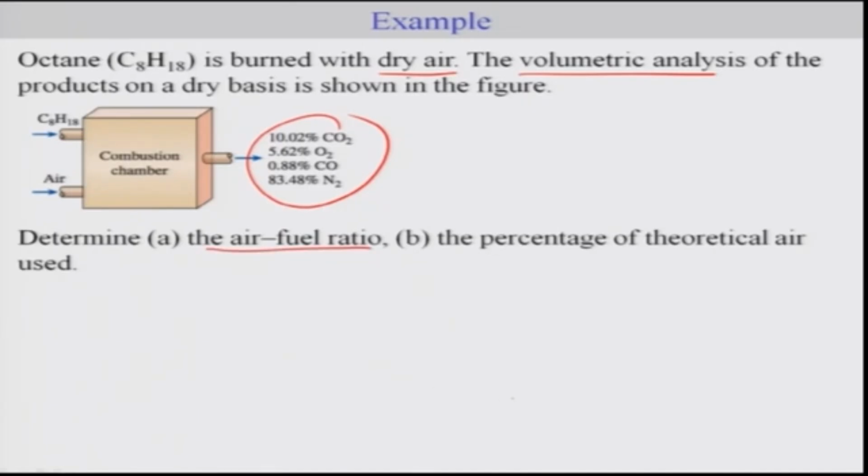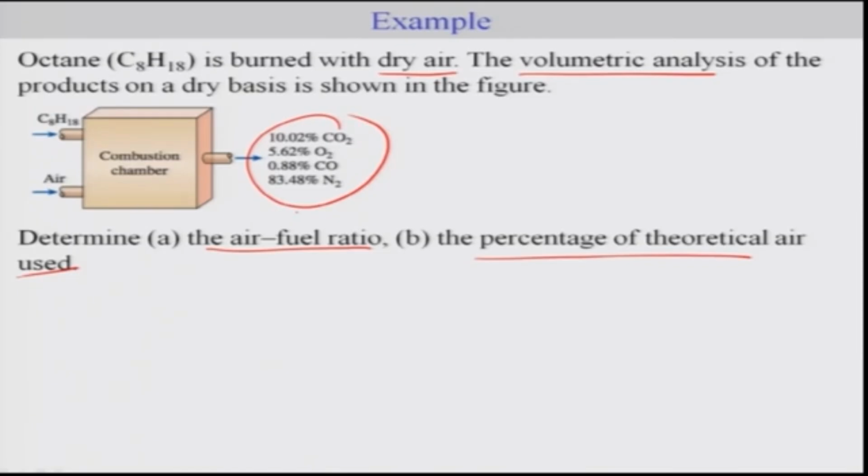Let me start with the basic equation here. For the combustion of octane, it's not mentioned how much octane is being burned. What we know first of all is the composition of the product, but that is on a dry basis. We should also assume that there is water, because the hydrogen will burn completely, leading to water in the product.